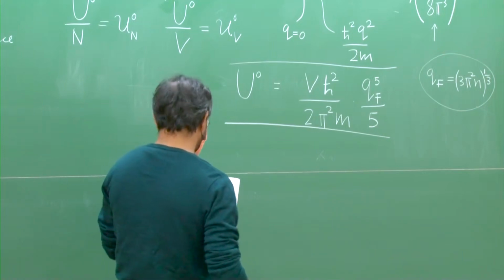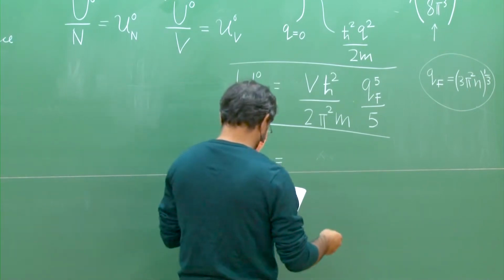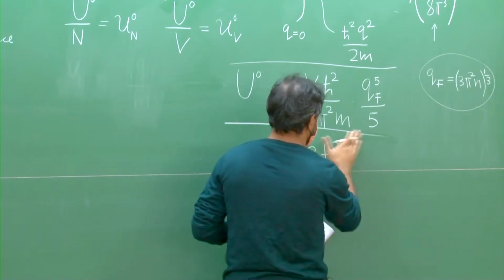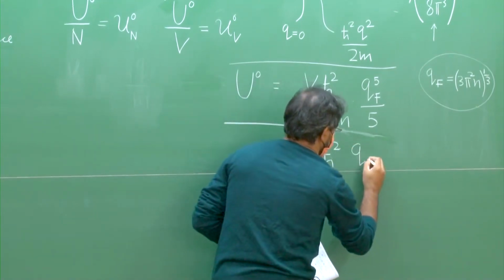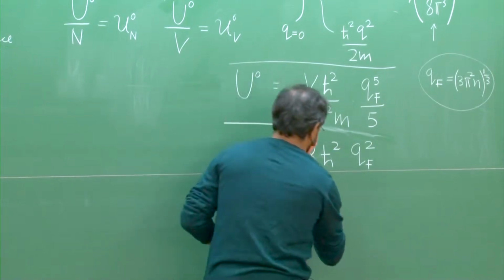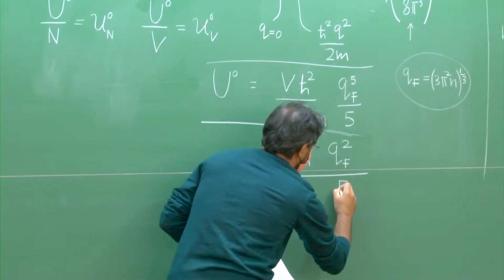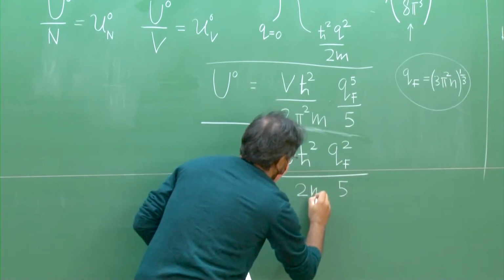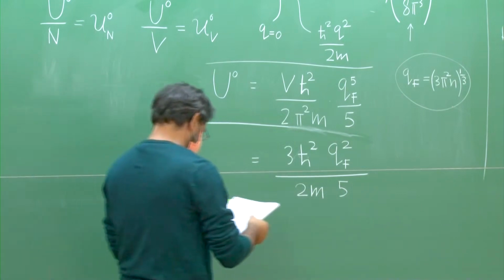So, what will remain at the end of the day is that u naught is equal to 3 h bar square qF square, and 5 which you are carrying from here and 2m which you are carrying from here. Everything else will get cancelled out very beautifully, and of course the volume will remain.